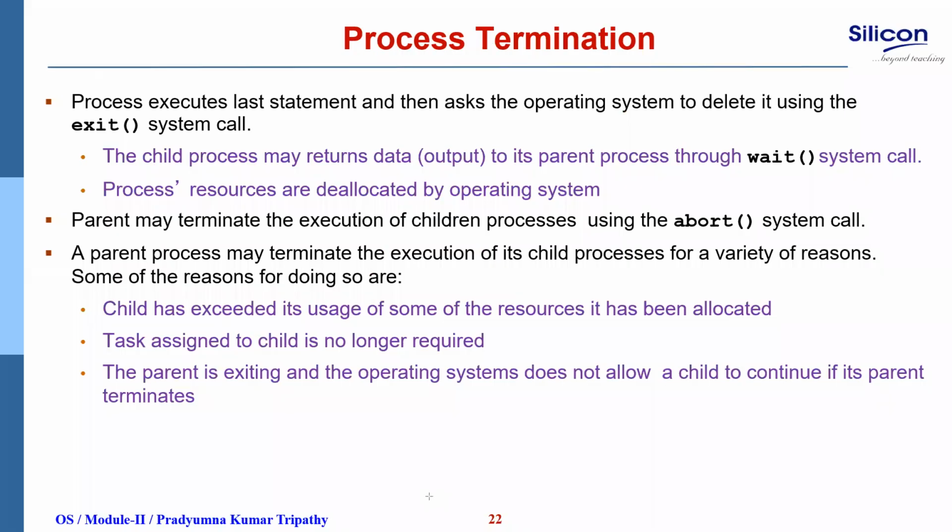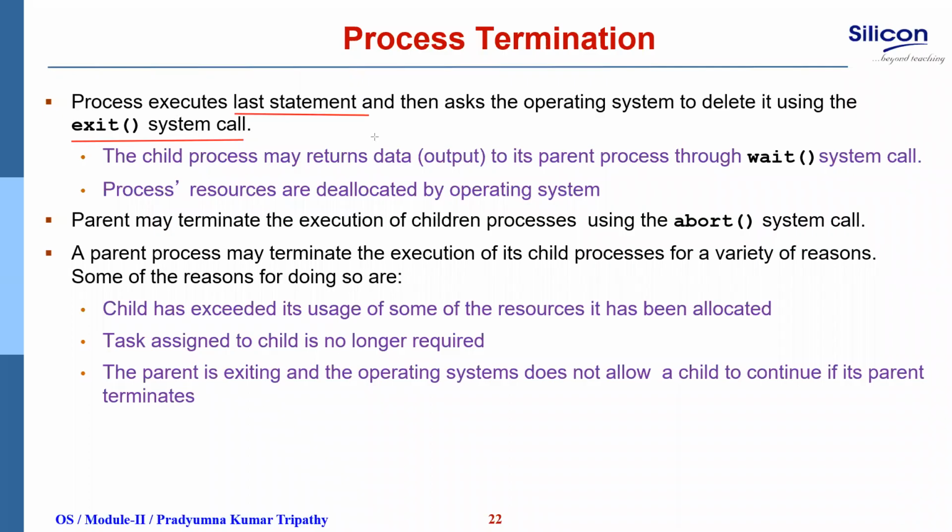Now for process termination: the process executes the last statement and then asks the operating system to delete it using the exit system call. Suppose the child has finished and it executes the exit system call.